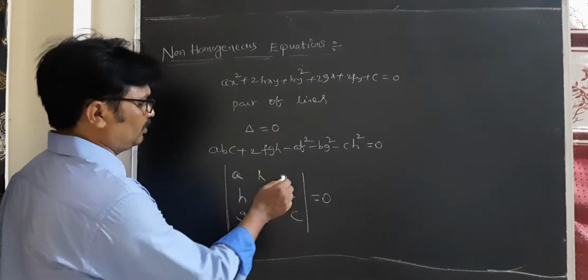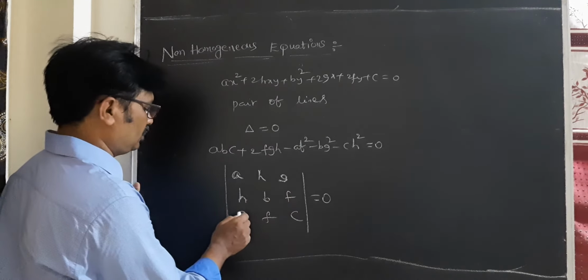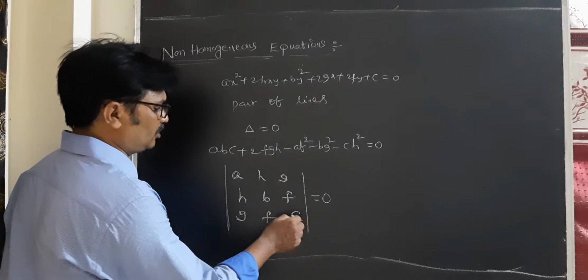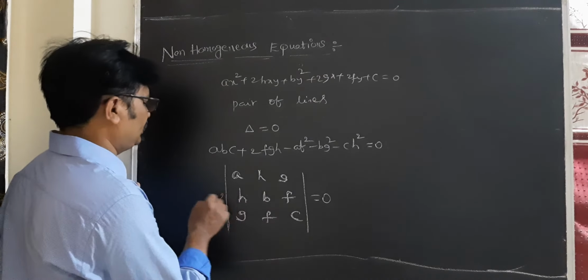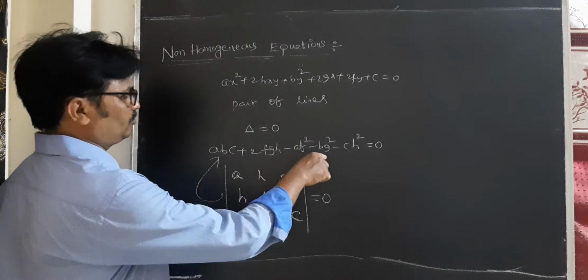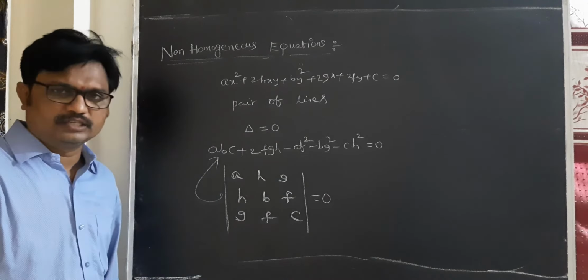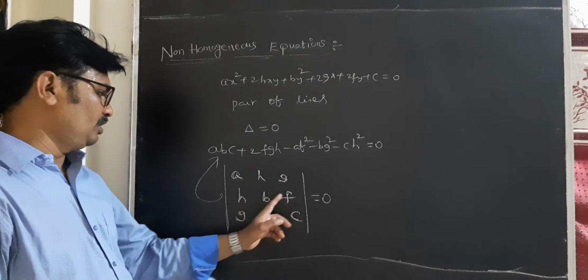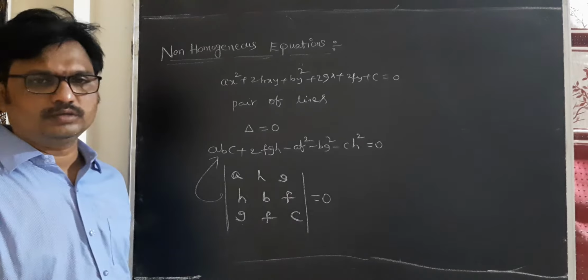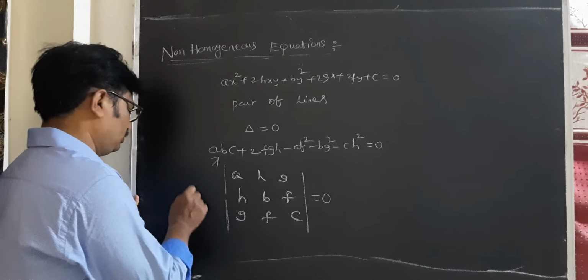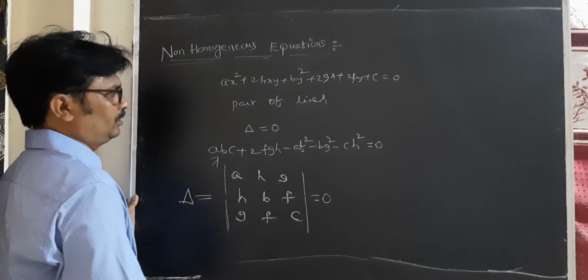Here g is there, here also g. This is f and this is f. Diagonal elements are a, b, c. Then you find the determinant. Undoubtedly we got this one: abc plus 2fgh minus af square minus bg square minus ch square is also written as the determinant a h g, h b f, g f c equal to 0. This is also denoted by delta.